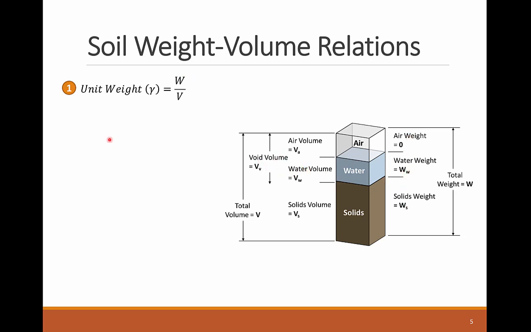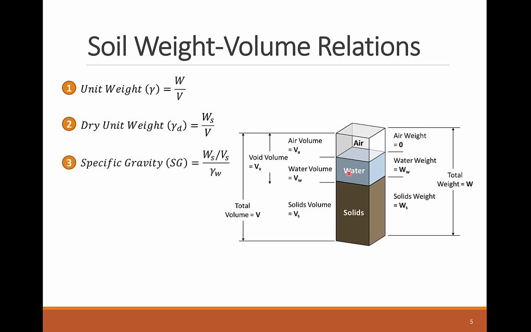You can see here. The unit weight or density is measured in pounds per cubic feet or kilograms per cubic meter. The second relation is also a density formula, but is calculated for the dry state of the soil by considering only its solid weight, WS.